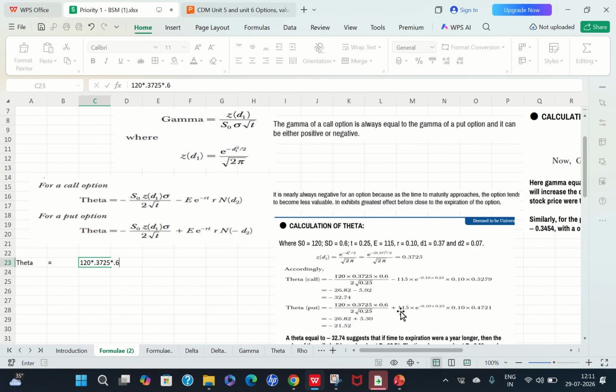You just have to write the formula correctly, substitute it properly, and pick up the numbers properly from the question paper. That's very important. Or if not given, use your scientific calculator to work it out. Then divided by 2 into the square root of, I don't have the square root symbol here, so I'm typing it as square root of 0.25.